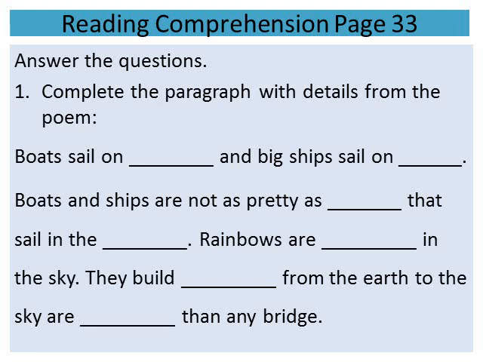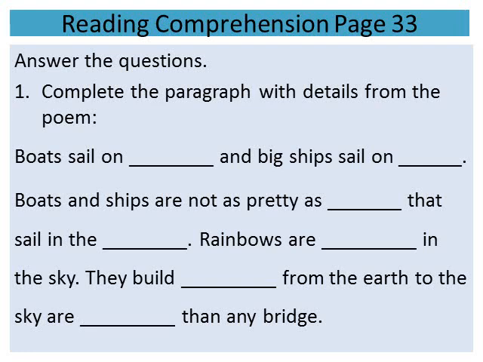Boats and ships are not as pretty as dash. If you remember the poem, you can turn the pages and refer to the poem in your course book. You will find that in the beginning three to four lines, the poet is comparing the boats and ships to something. What is that? That you can find out and write down here. That sail in the dash. So something that is sailing in some place.